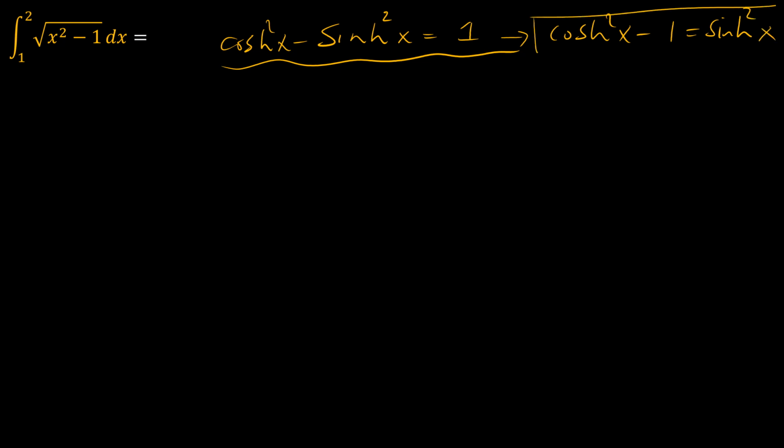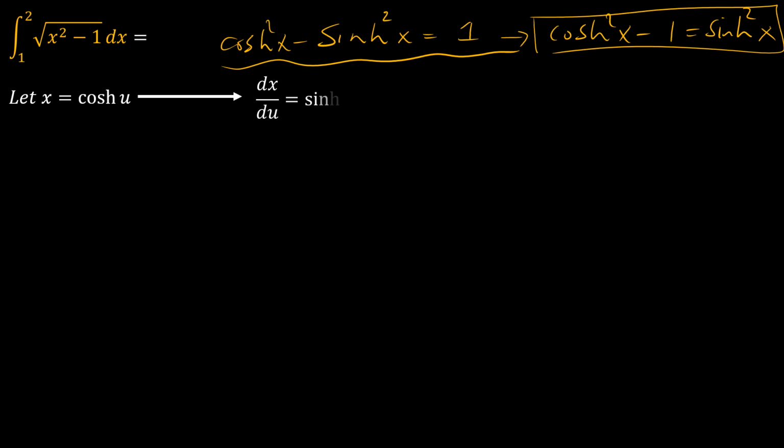So let x be equal to the hyperbolic cosine of u, such that dx/du is the hyperbolic sine of u, and so we can substitute for dx with the hyperbolic sine of u du.